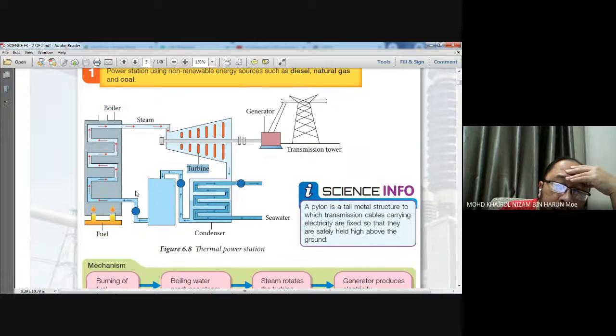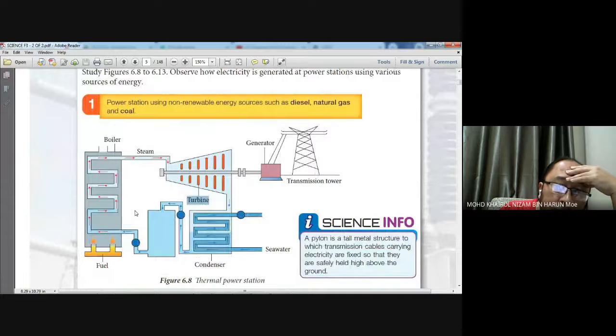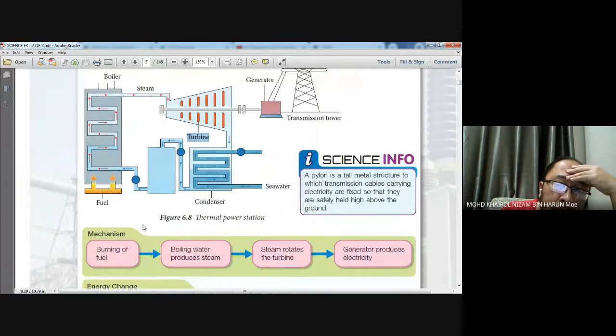I hope that you can understand the simple flow of how the power station uses the energy sources to generate electricity.